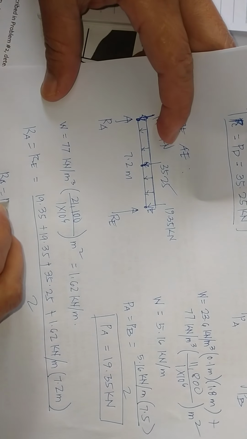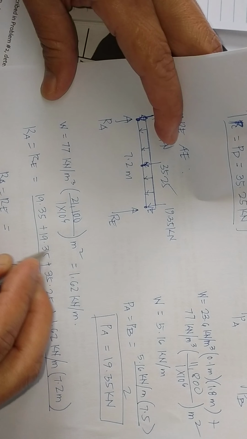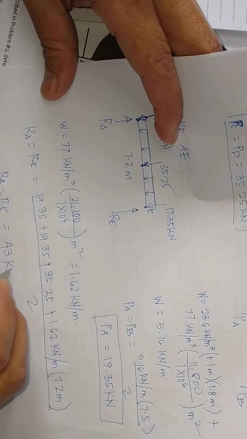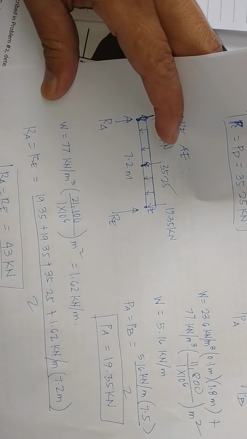RA is equal to RE. It will give you almost 43 kilonewton. Round off na po yun.